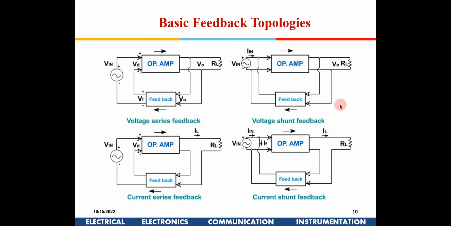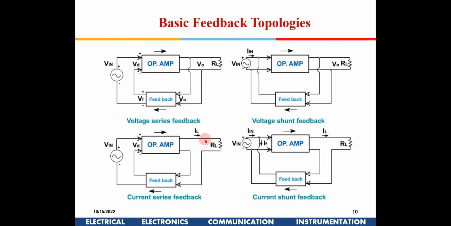Then you have something known as voltage shunt. In this case, input is current and output is voltage. You are sampling the voltage, and whenever a current input is being given, you give a shunt feedback. So this is known as voltage shunt feedback.